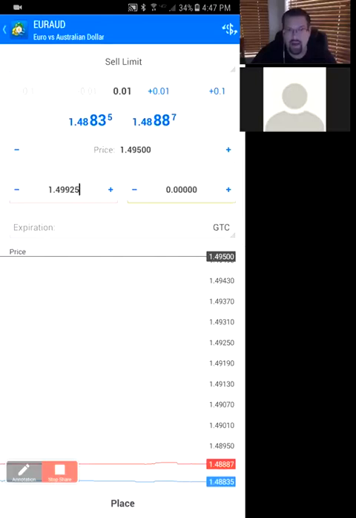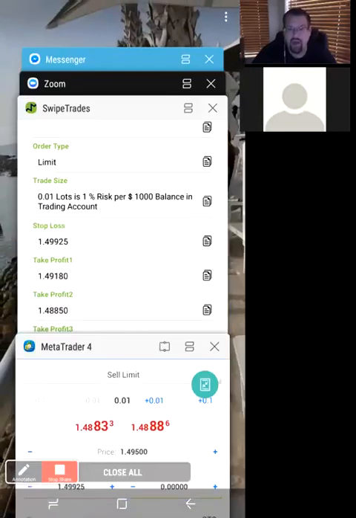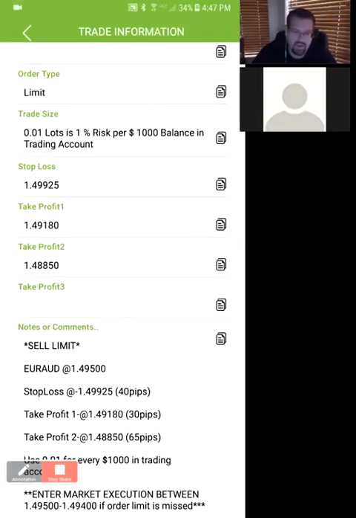Now, if you go back to Swipe Trades, you'll see that they have 3 take profits. I personally don't put any take profits in as long as I'm able to be awake and manage the trade. As you saw when we first went through those last 3 swipes, those were all updates. They're telling you, okay, we're 10 pips in profit, go ahead and solidify a partial position.